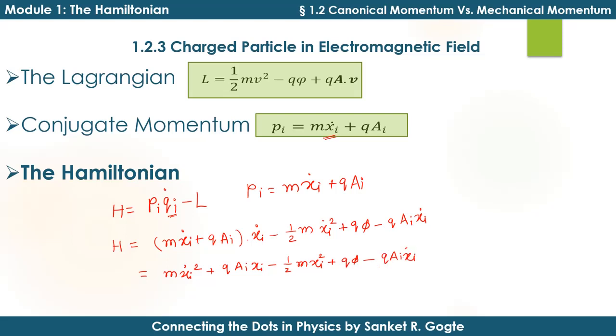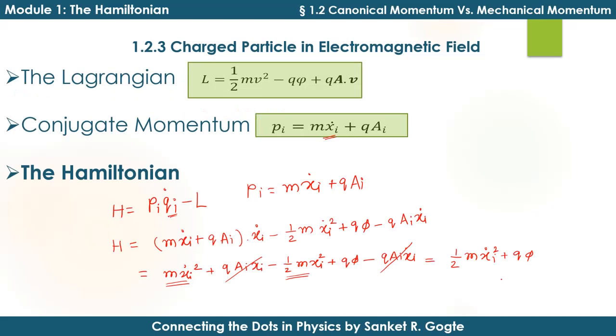Now this q ai xi dot gets cancelled, and here I have m xi dot whole square, and this is half of it. So H is equal to 1 by 2 m xi dot square plus q phi. Let's continue this mathematical jugglery on the next slide.